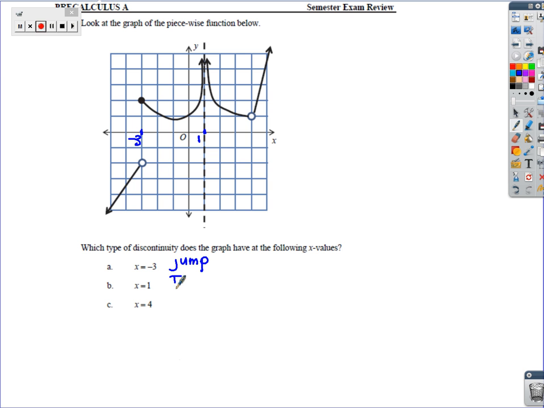So this is called infinite discontinuity. And then the last one, if it's just one point, we call it point discontinuity. The answer key for the county calls it removable. So you should probably know both of those vocabularies.